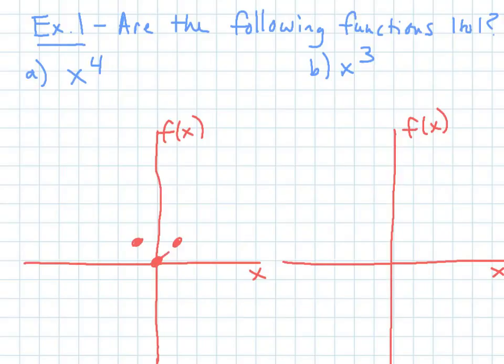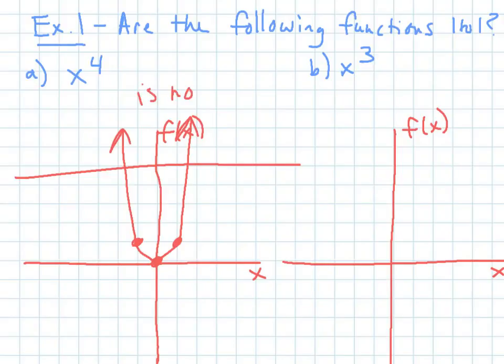So you know that they're going to be high up there, so we don't need to go crazy with our graph. We just need a general sketch to help us prove this. Now looking at horizontal lines, if I draw a horizontal line, oh, I crossed my graph twice. So this function is not one-to-one.